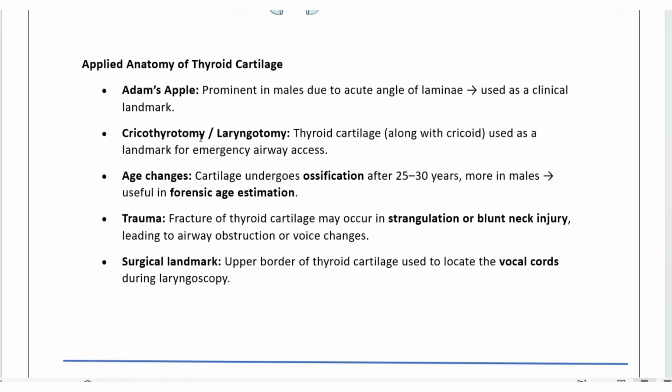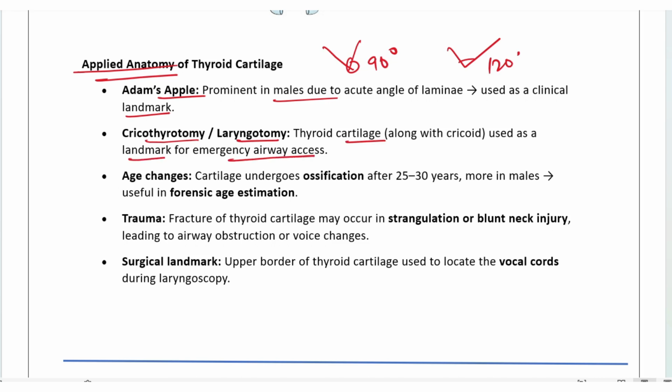Okay. Lastly, to get extra points, we will write the applied anatomy. Adam's apple. In males, as we know, it forms an acute angle, 90 degrees. It's a clinical landmark. In females, 120 degrees. During cricothyroidectomy or laryngectomy, the thyroid cartilage is a landmark for emergency airway access.